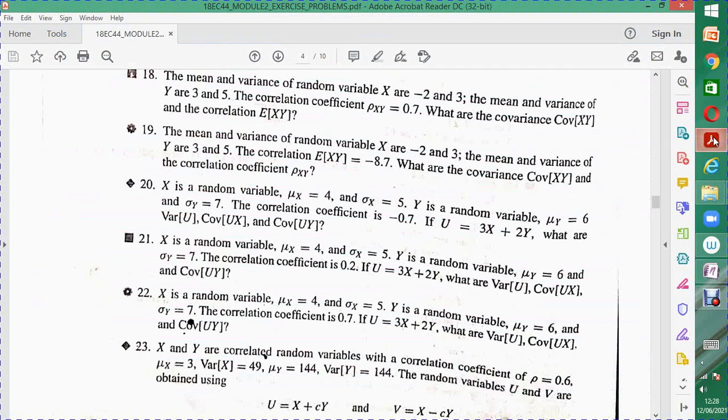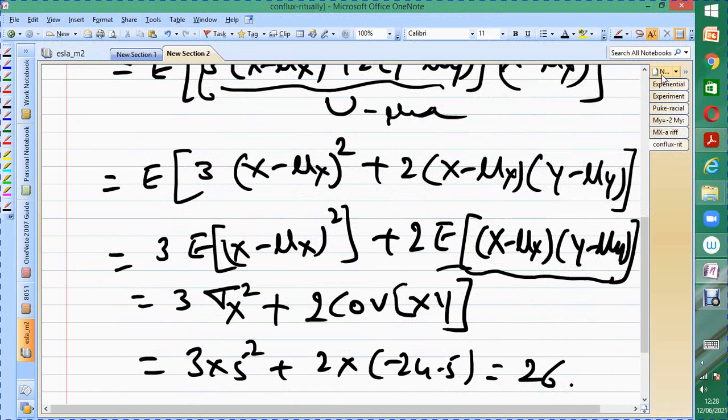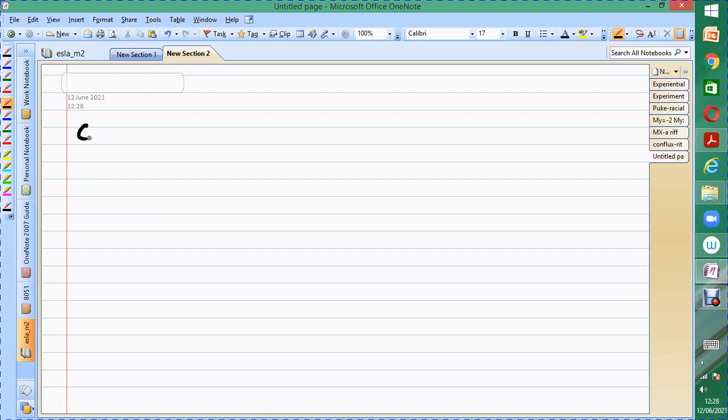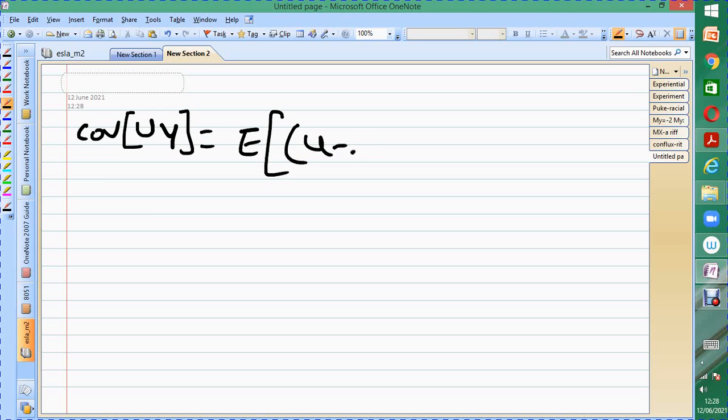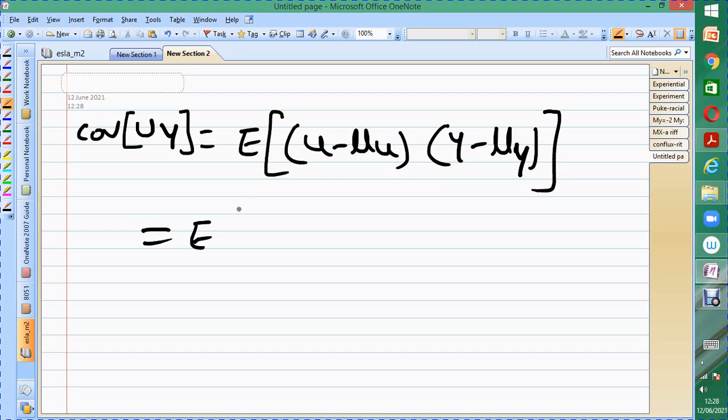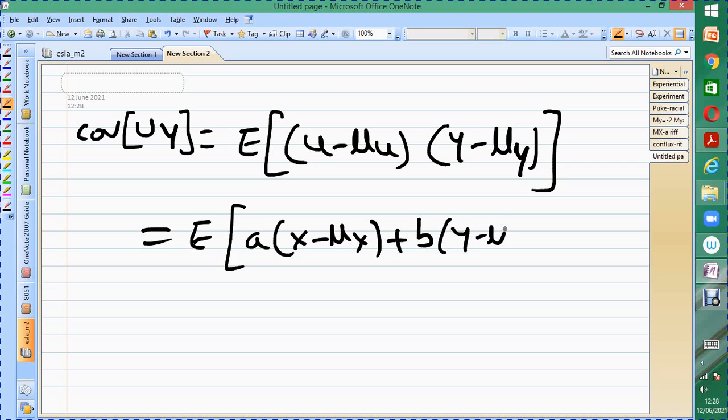After covariance of ux, we are asked to calculate covariance of uy. Similar to the previous one, we can write expectation of u minus mu u into y minus mu y. This can be written in terms of the transformation function that has been given: a into x minus mu x plus b into y minus mu y represents u minus mu u, into y minus mu y.